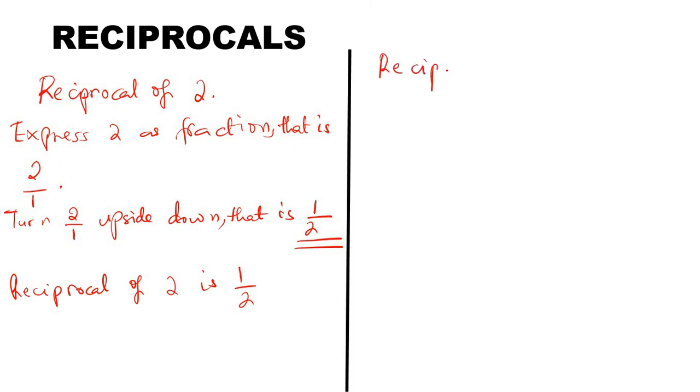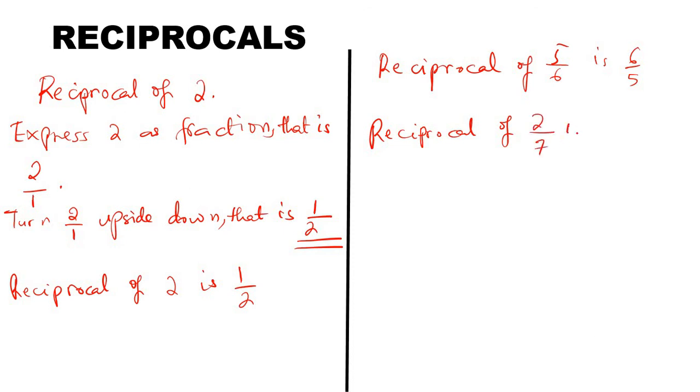So let's try this one. The reciprocal of 5 over 6. This is already a fraction, so just turn it upside down and you have 6 over 5. Let's look at another: the reciprocal of 2 over 7 is, turn it upside down, 7 over 2.